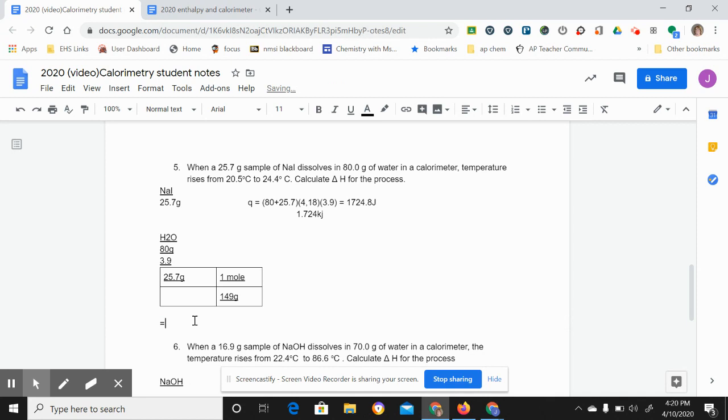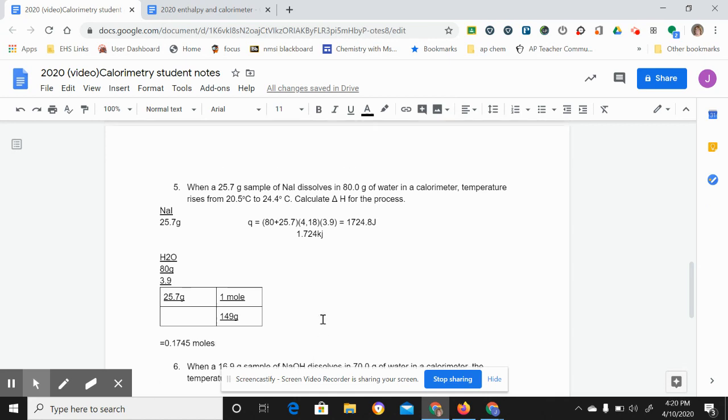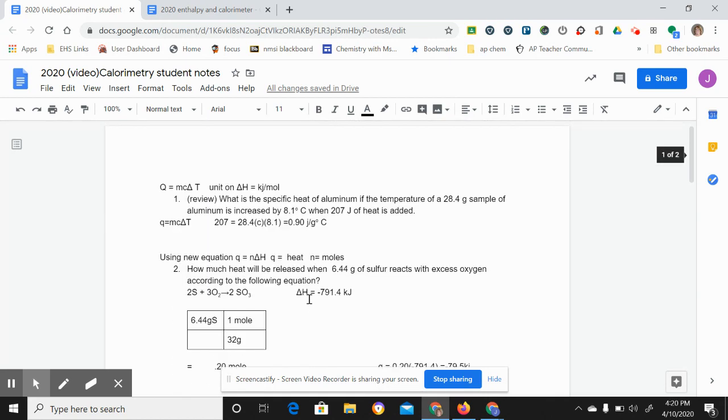When you calculate that out, it should be 0.1745 moles. Everybody with me on that? So now to calculate what we need to get our delta H, and delta H is my kilojoules per mole, let's copy that equation and put that down here.